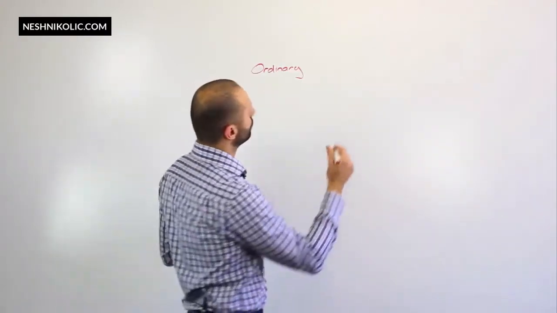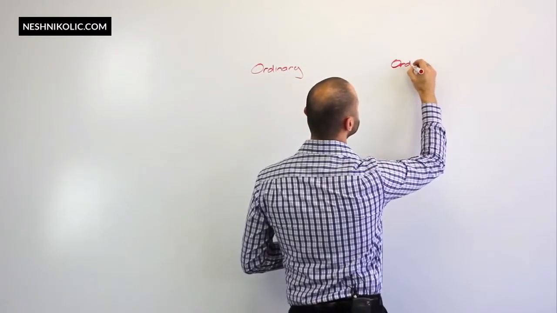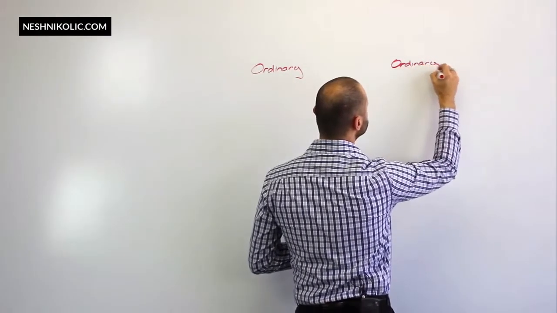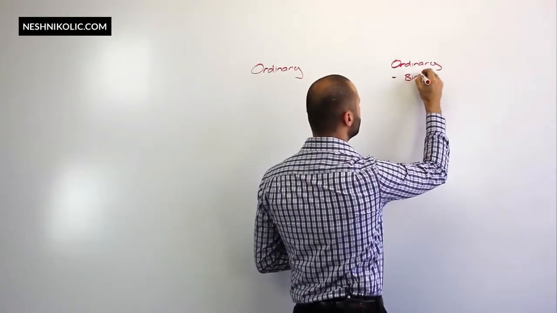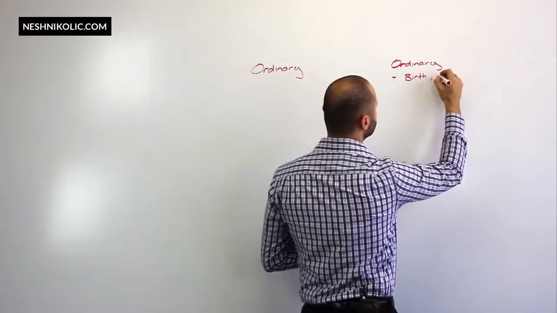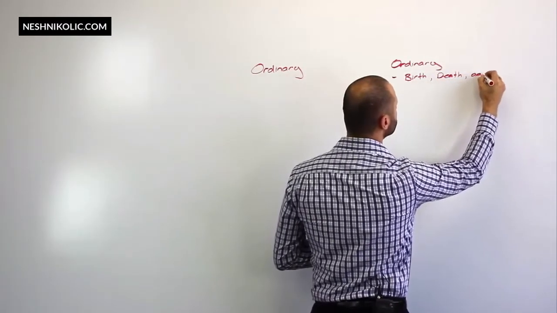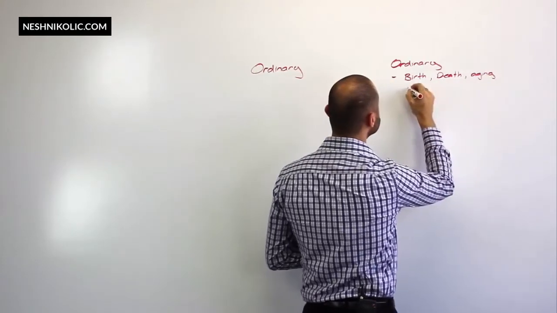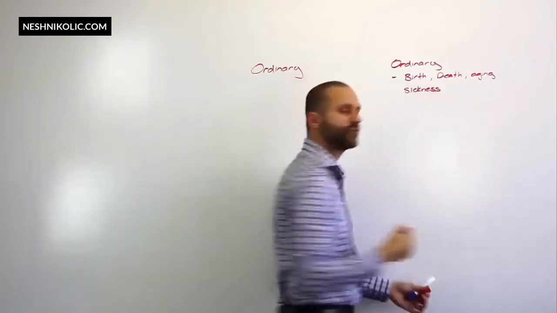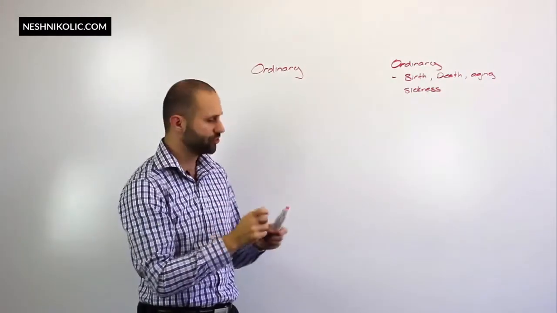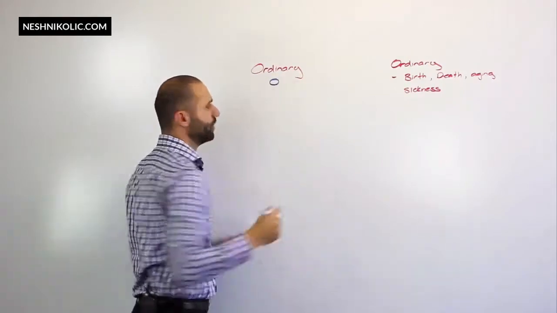So under ordinary discomfort, as I said: birth, death, aging, sickness, those things that can't be removed. So that's the first part of the three.